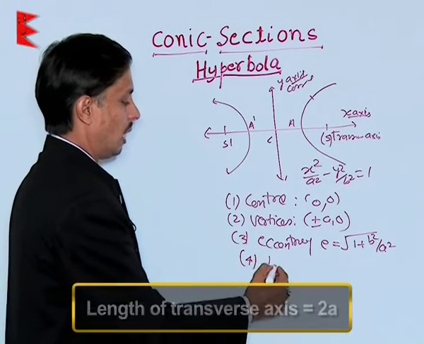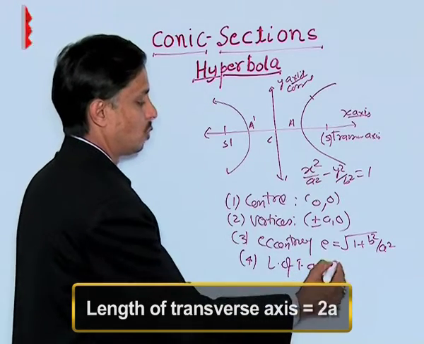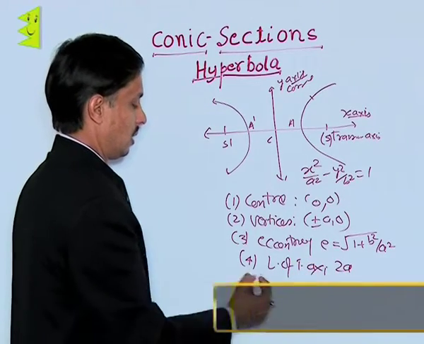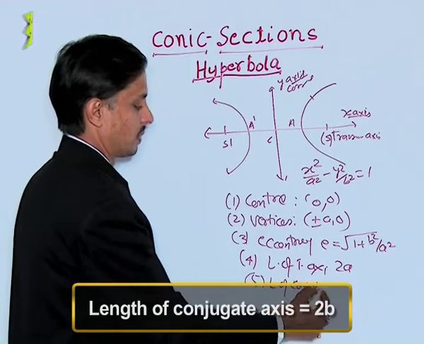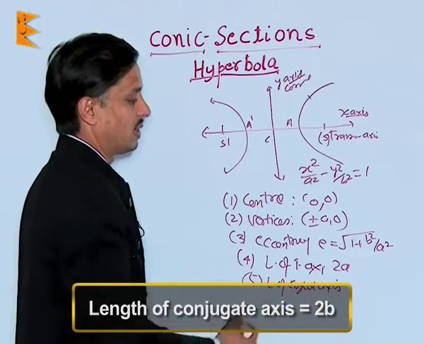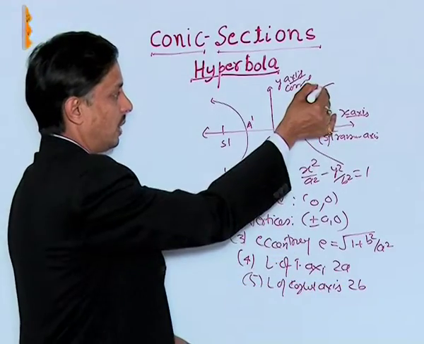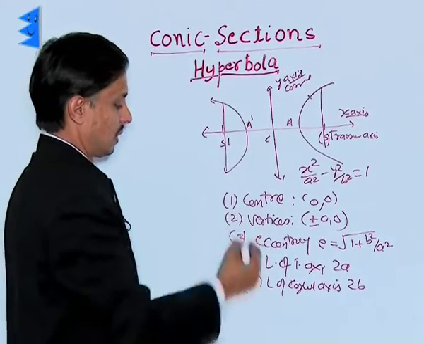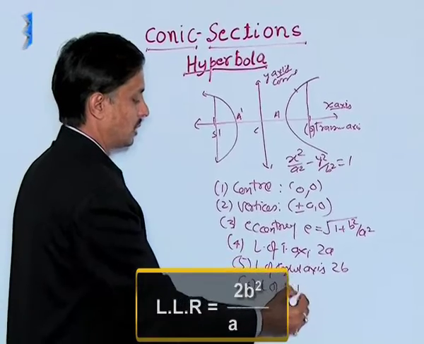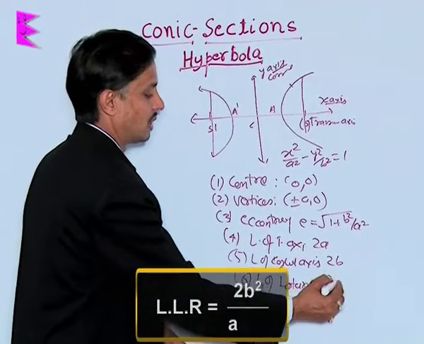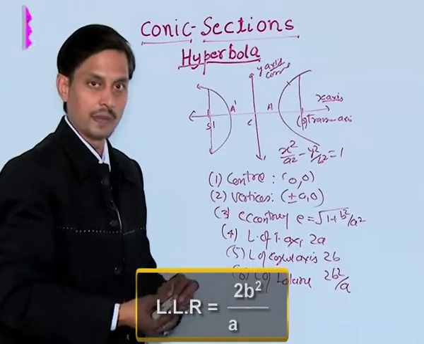Fourth, the length of the transverse axis is 2a. And fifth, the length of the conjugate axis is 2b. The length of the latus rectum is the same as in the case of the ellipse, that is 2b square upon a.